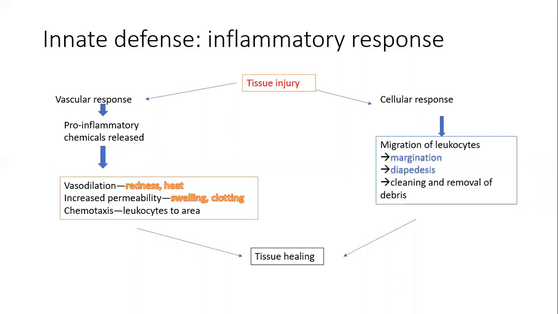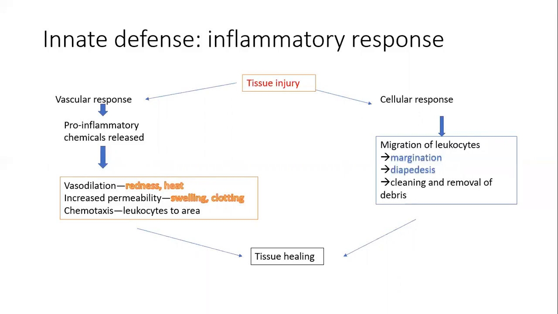And then there's the cellular response, which results in the migration of leukocytes. Chemotaxis is kind of like a tractor beam. It pulls those white cells to the site of injury.